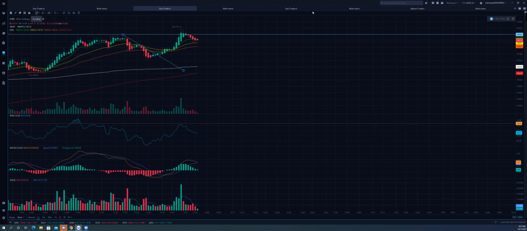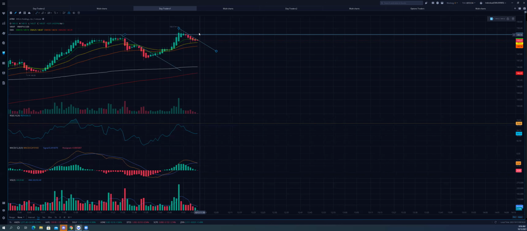So now the stock is in a little bit of a downtrend, but it's still making higher and higher lows, as you can see. So now we're gonna draw this line right there. We know that once a green candle forms out here, this is what we call a higher low, which means that this low here is higher than this low right here. So that tells us that we're still looking for the stock to uptrend.